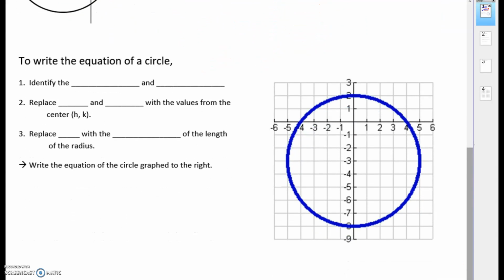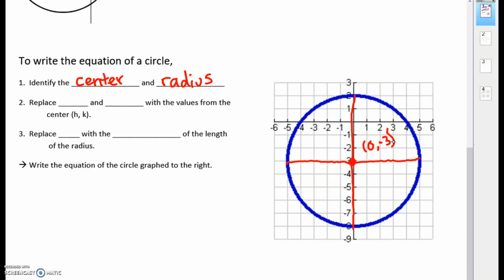So to write an equation of a circle, I first need to identify the center, and I need to identify the radius of my circle. So identifying the center, basically I'm going to look for two diameters. I'm going to see where my diameters cross. Well, my diameters cross right here. My center is at 0, comma, negative 3.